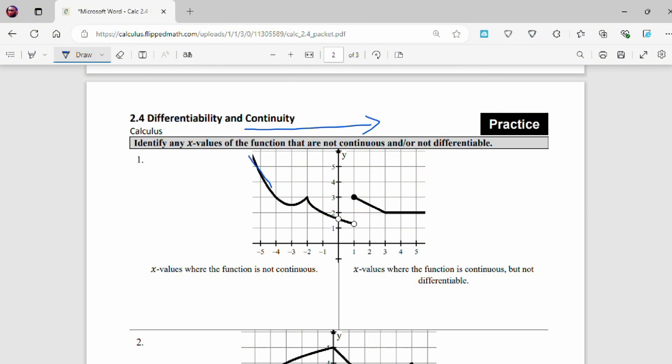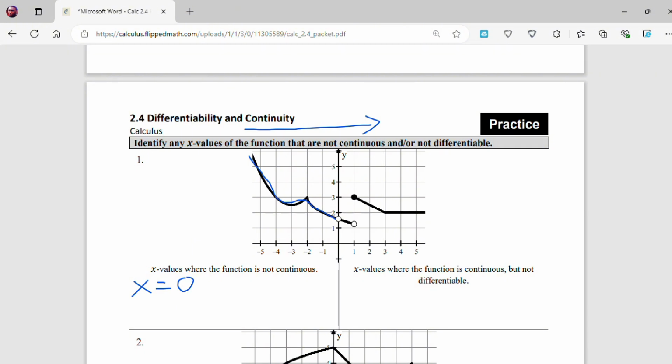So we're going to go from here, left to right, and you can see here at x equals 0, we have our first discontinuity. Move here to the right, and then we have another discontinuity. If you remember, what is the first discontinuity at x equals 0? Well, this is going to be a removable discontinuity, also known as a hole.